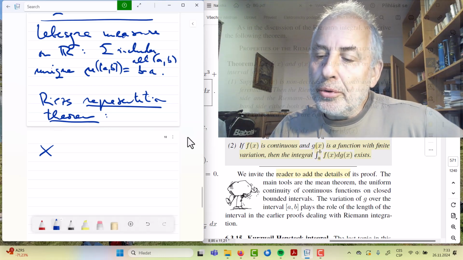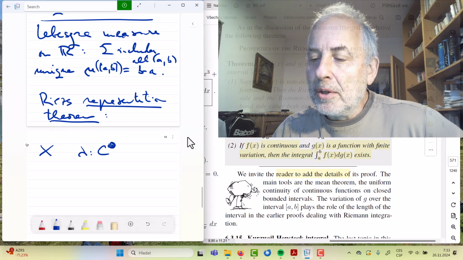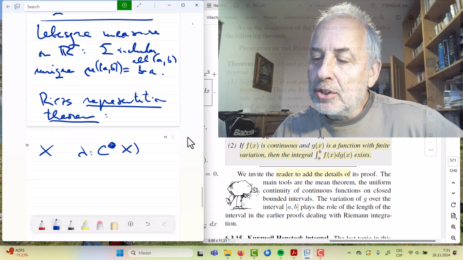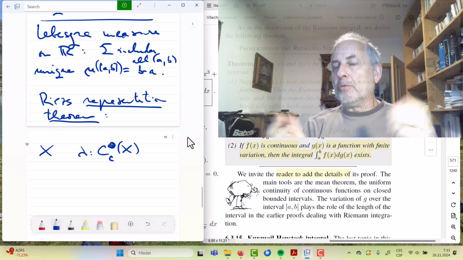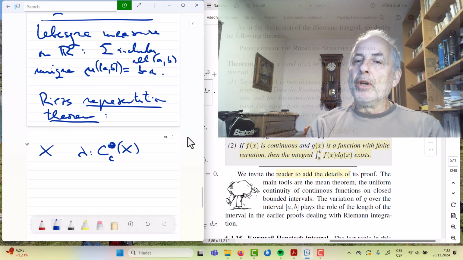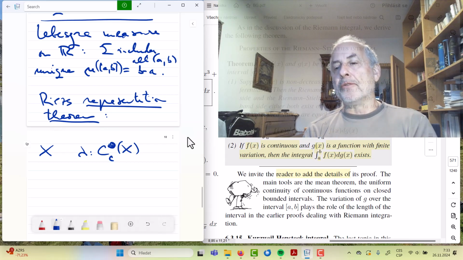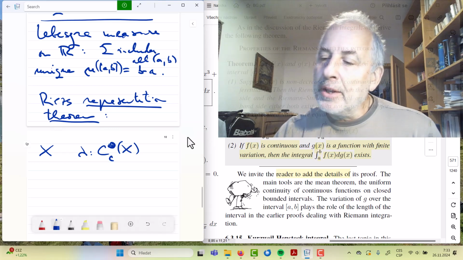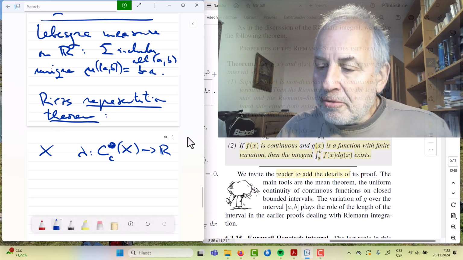So there will be a functional, say lambda, going from continuous functions on X with compact support. Compact means that if the subset is covered by any system of open sets, then there is always a finite subset already covering. And this goes into R, and it's a linear functional.